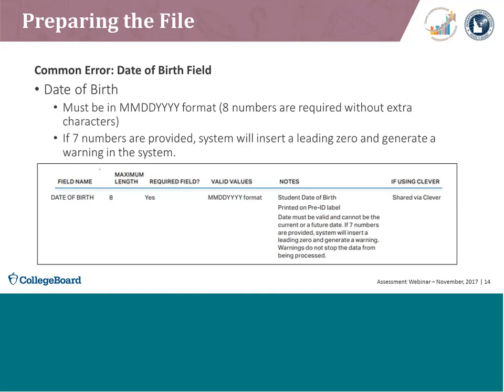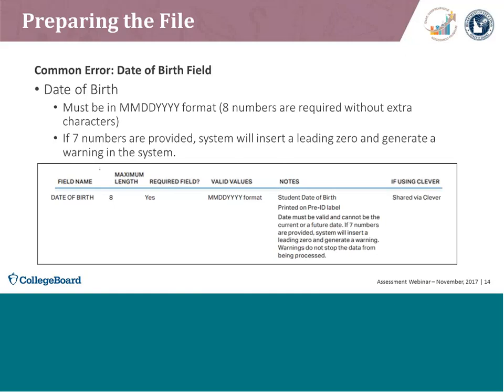So we are looking for it to be 8 numbers listed as month, month, day, day, year, year, year, year. So if my date of birth was January 11th, I would put in 01 for the month, 11 for the date, and then the 4-digit birth year.